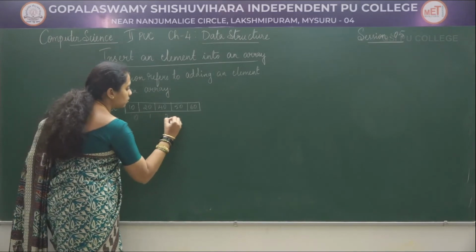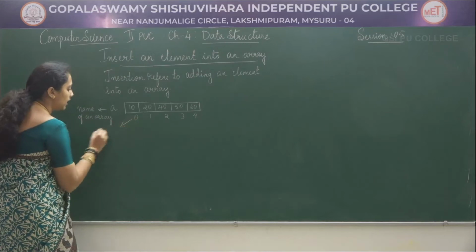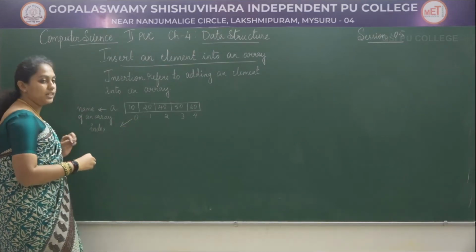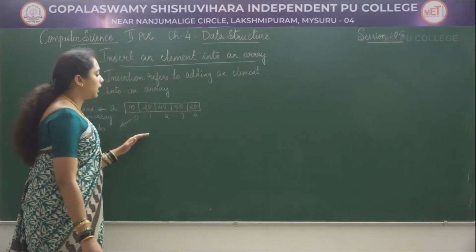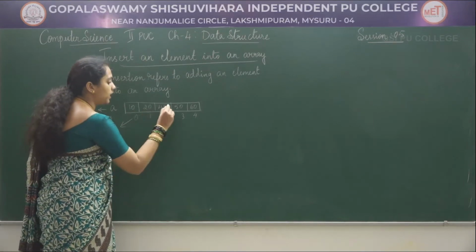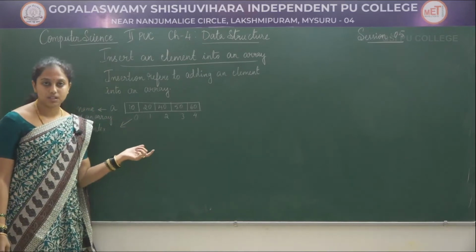Zero, 1, 2, 3, 4. So these are all the indices of an array. The array contains 10, 20, 40, 50 and 60 as its elements.